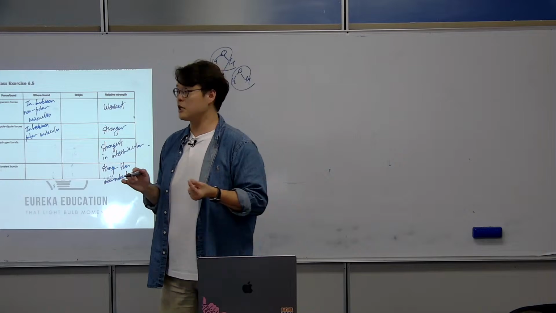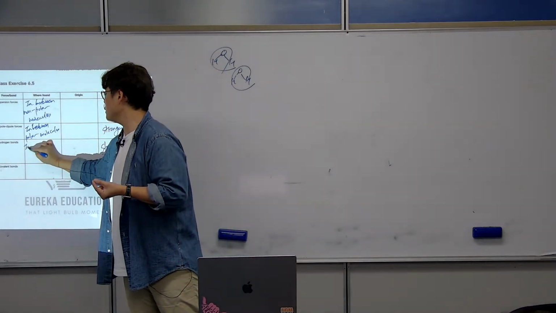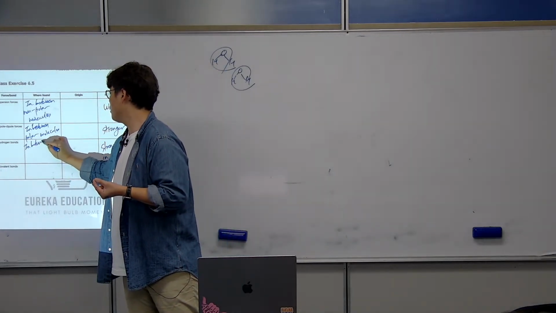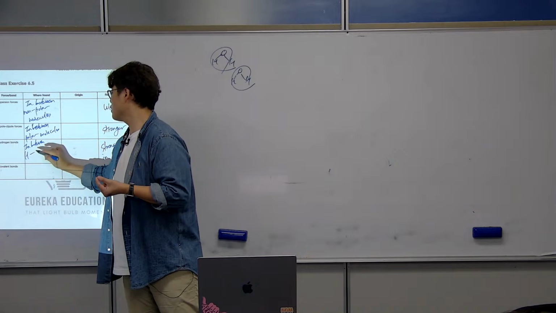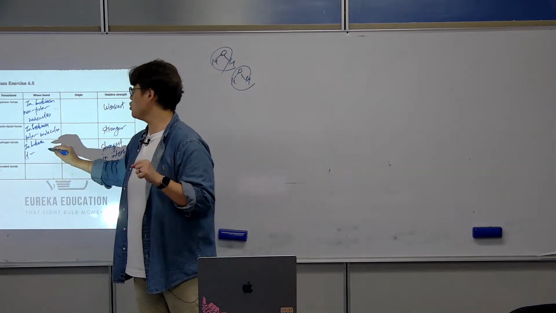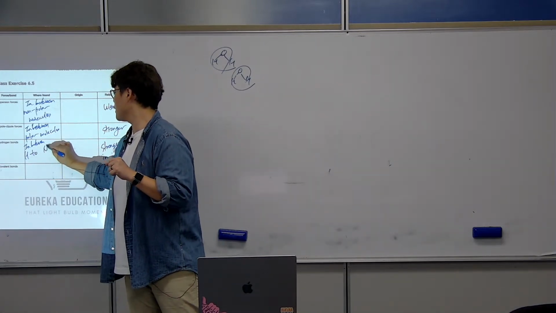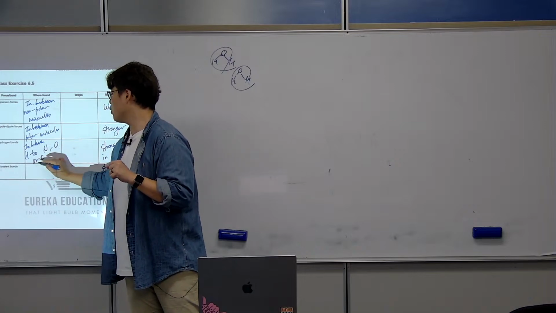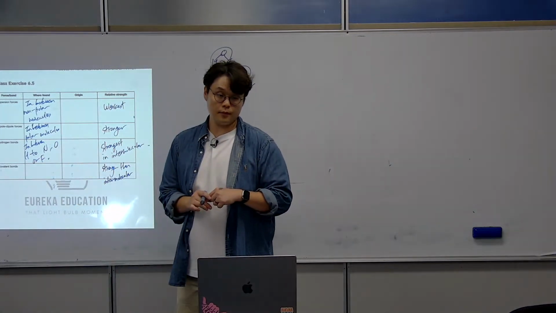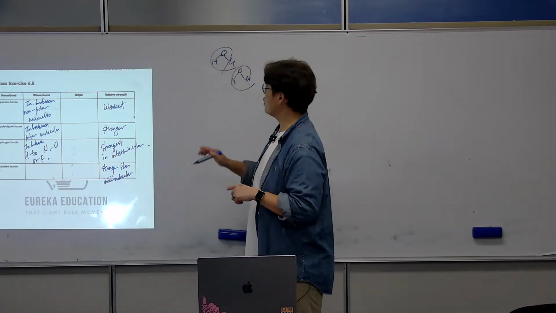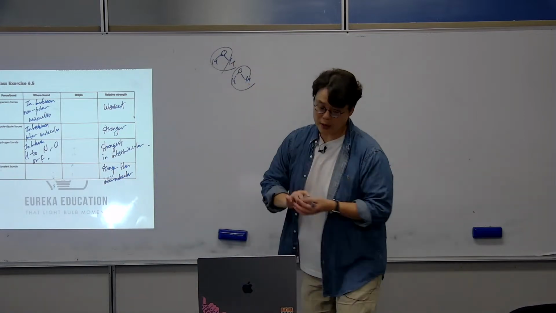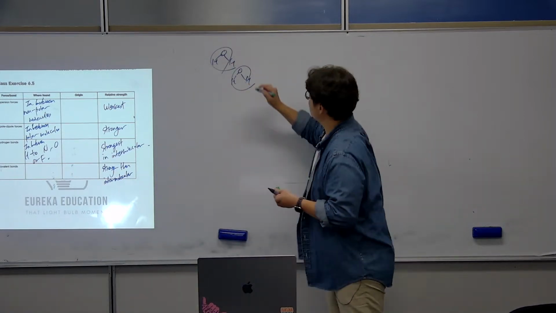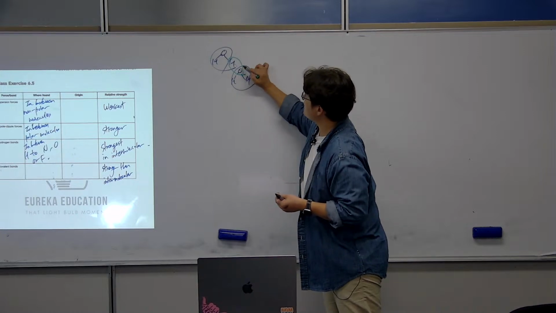Lastly, hydrogen bonding is in between, hydrogen to the nitrogen, oxygen, or fluorine. It's in between the two molecules, the one I'm talking about here. This is the hydrogen bonding.